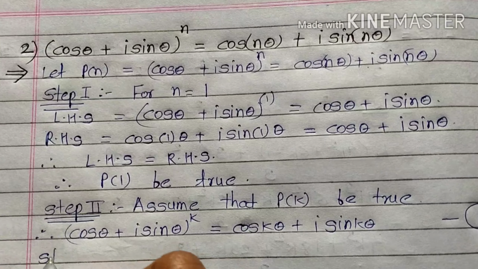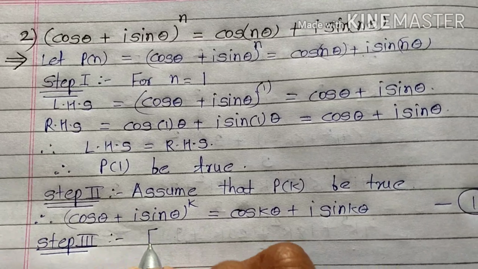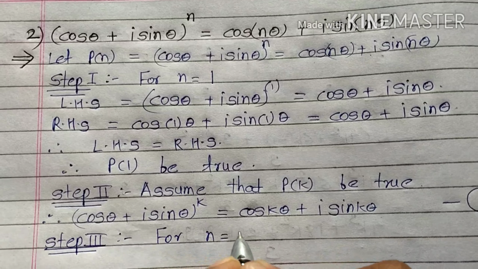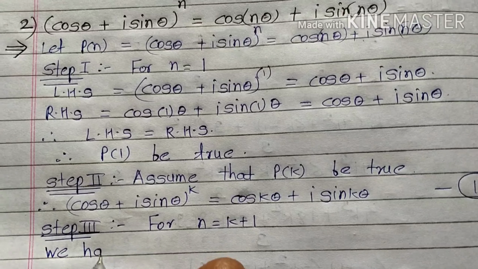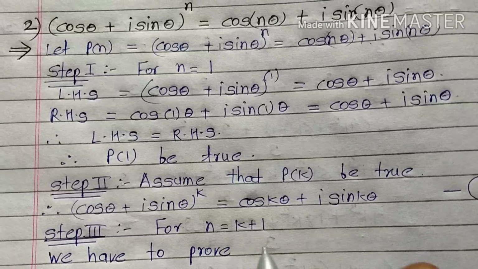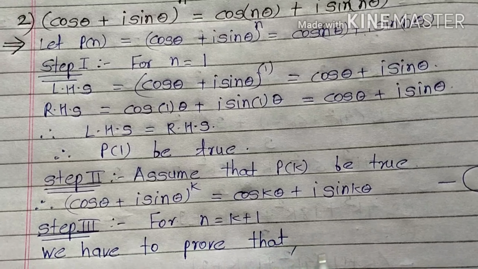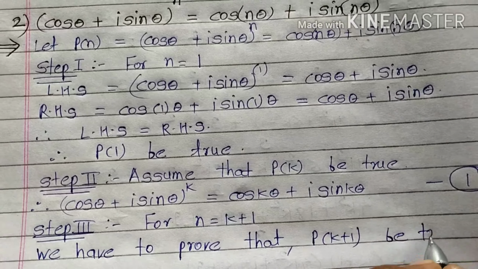Now step third, for n is equal to k plus 1, we have to prove that P of k plus 1 is true.